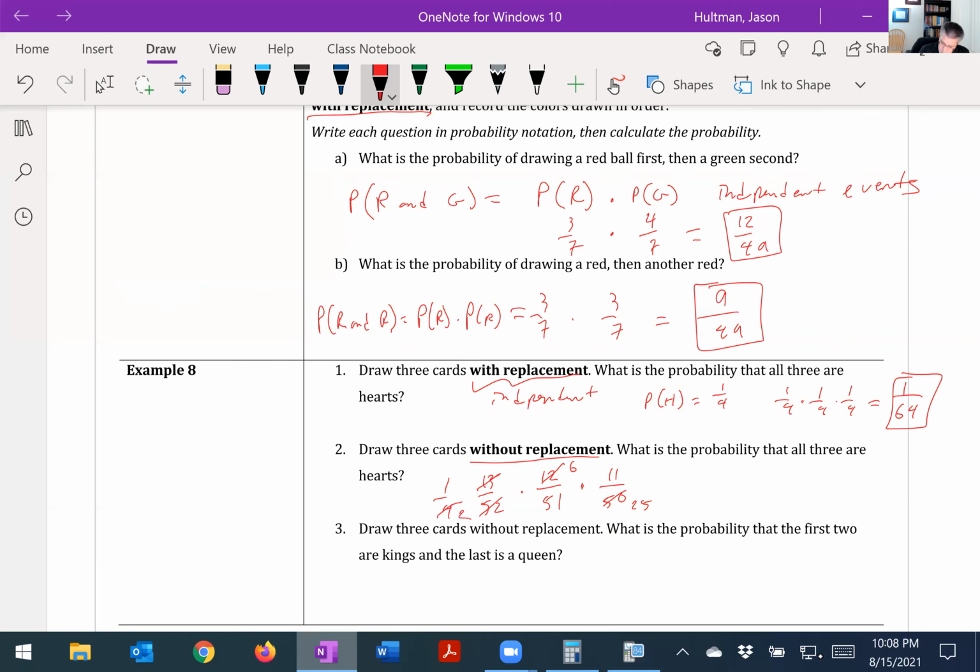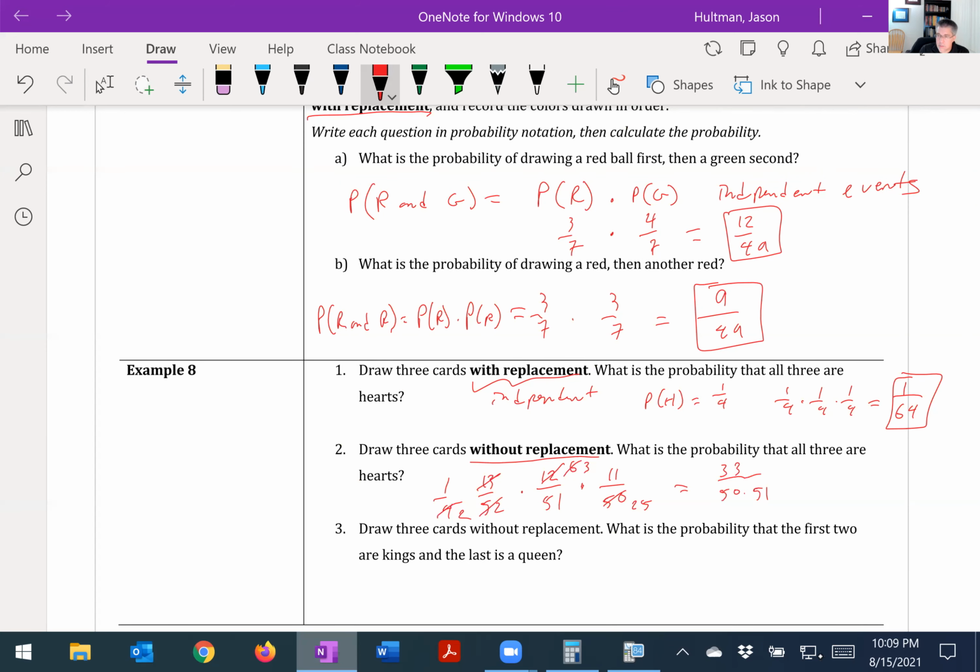This becomes 2 and 3. It's getting kind of messy, so this becomes 3 times 11, which is 33 over 2 times 25 times 51. So this is 50 times 51.